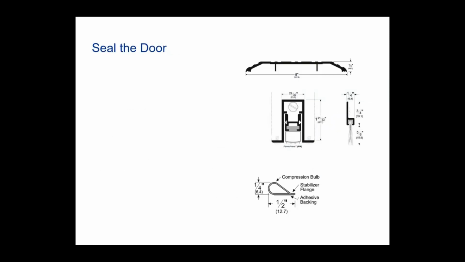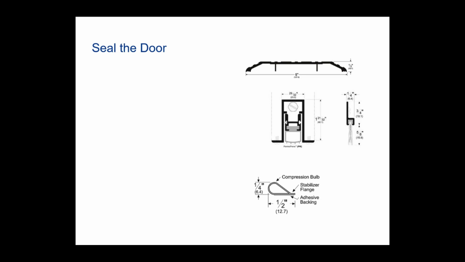And like we said, the last slide, and again, I'm so sorry for going 15 minutes over, is sealing the door. While we only have one slide to talk about it, and maybe it's because the people that created the program don't really get into the sealing of the opening, it's so important.